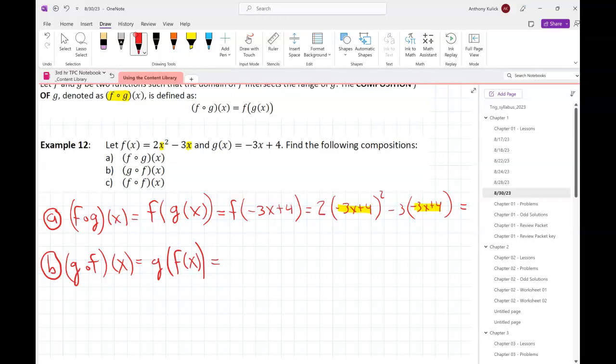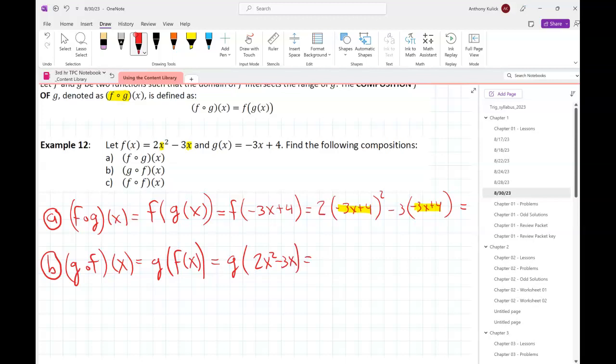So we'll start. G compose f of x is just equal to g of f of x. And we know from the problem, f of x is 2x squared minus 3x.